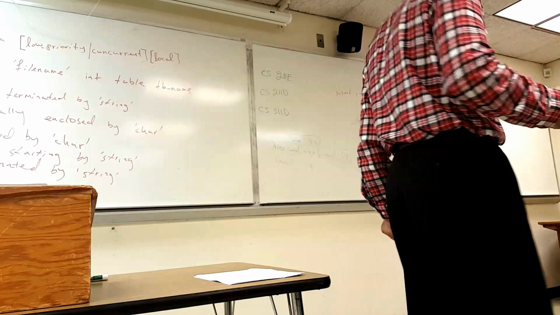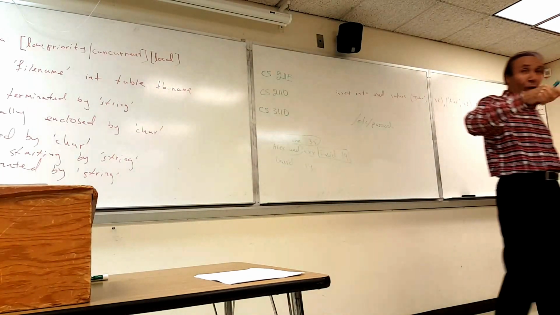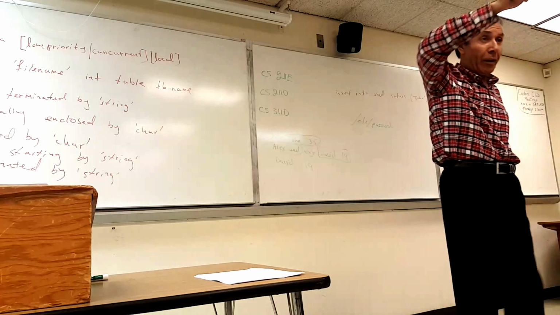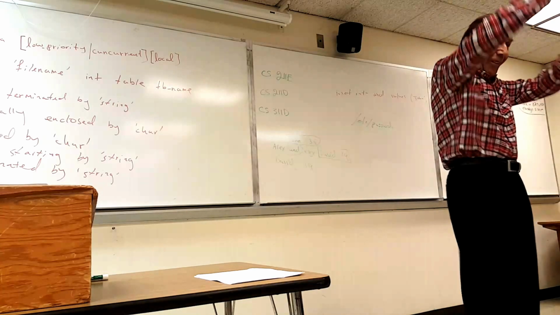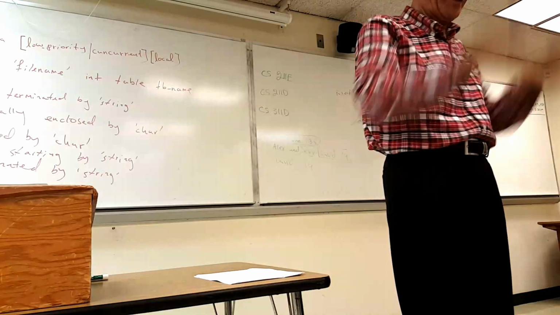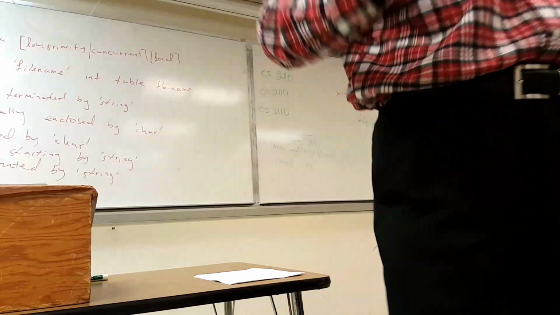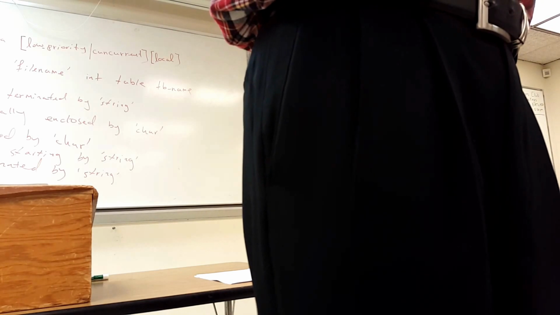For example, I would say select those user IDs that begin with letter A. Or select those users who are using bash, or select those users whose IDs are even numbers.